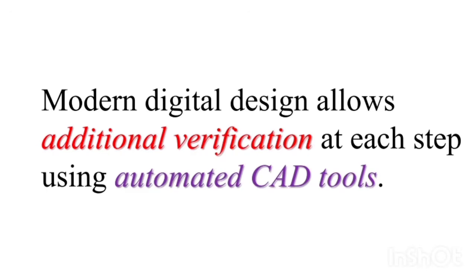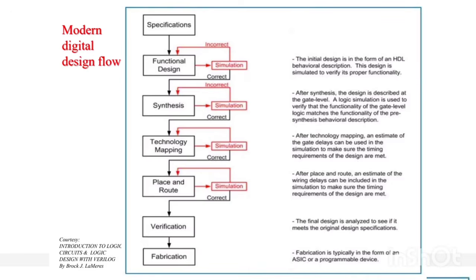In comparison with the classical digital design, the modern digital design allows additional verification at each stage using automated CAD tools. The modern digital design flow is shown now. The specifications, as usual, are the first step.